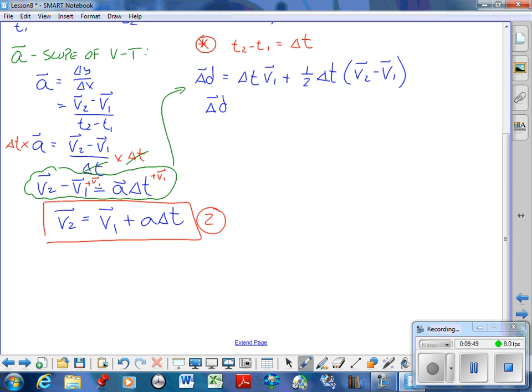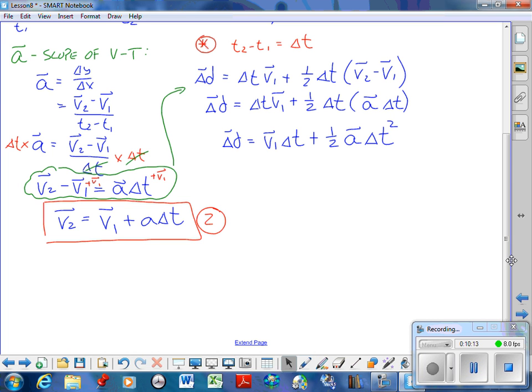So delta d equals delta t v1 plus 1/2 delta t, and v2 minus v1 is replaced with A delta T. In a final step, to clean this up, V1 usually comes first in the formulas, plus 1/2 A delta T times delta T, which is delta T squared. Now I'll pause again and box this up. Here is your third equation for kinematics.